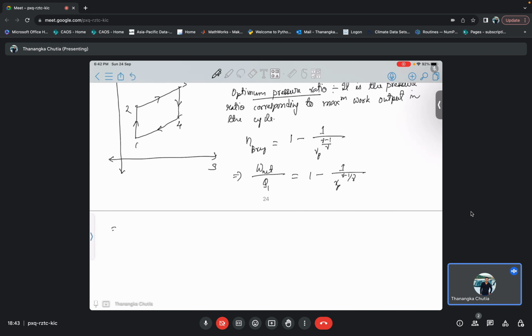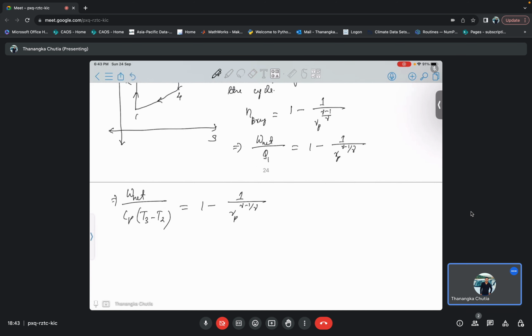And eta Brayton is basically W net divided by Q1, which is equal to 1 minus 1 by rp to the power gamma minus 1 divided by gamma. So what is Q1? It is Cp into T3 minus T2. So from this I can write W net is equal to Cp into T3 minus T2 into 1 minus 1 by rp to the power gamma minus 1 divided by gamma.